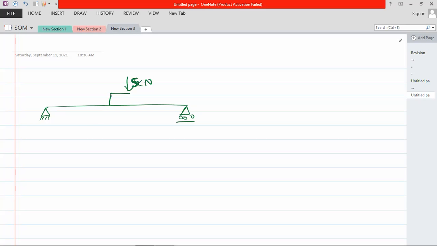Suppose an L shape is produced, and at the top of it a 5 kilonewton load is acting. This is 2 meter, this is 1 meter, and this is 3 meter. This is point A, this is point B. You have to draw the bending moment diagram for the beam.